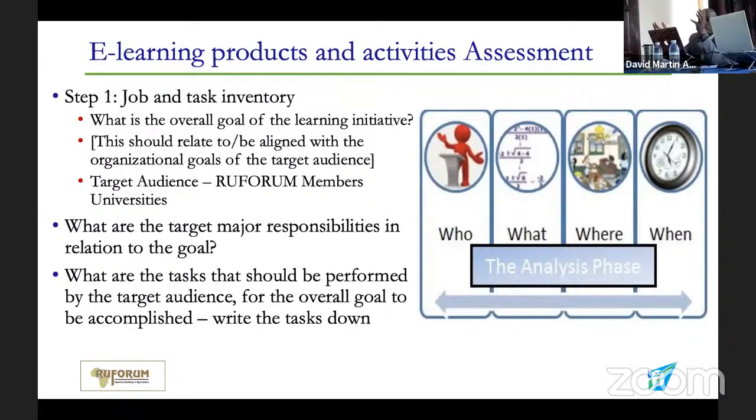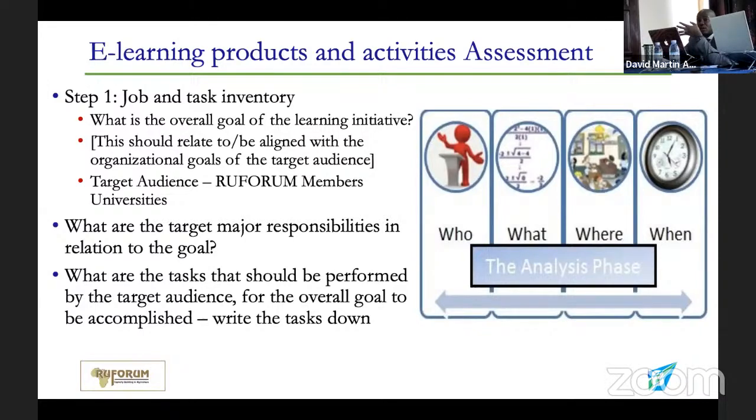We are staff at Forum Universities. We understand our target audience. If we are developing a course that is going to be taken by staff of universities across the entire Africa, we need to understand that some of those staff members, for example, have a different language.